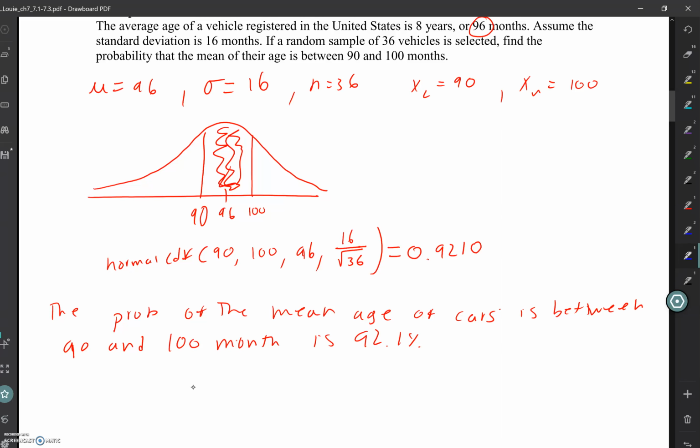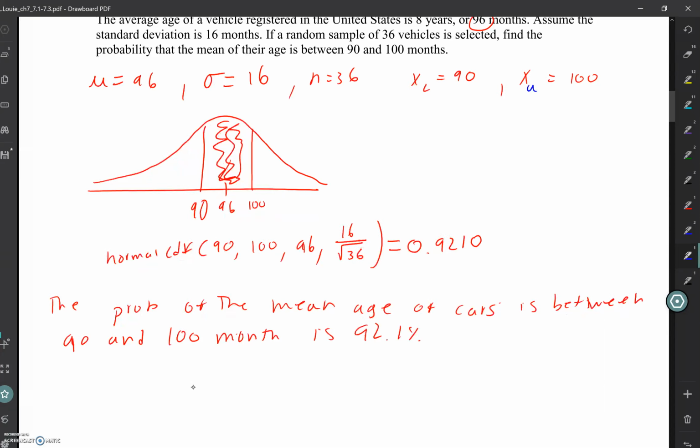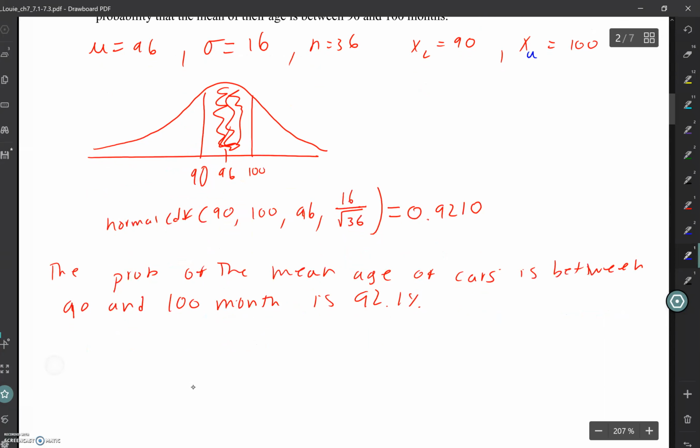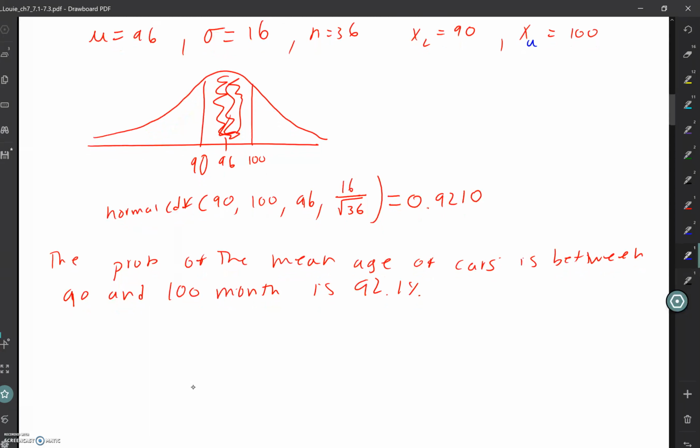Yes, I'm just saying the x sub l for the lower, and then the x sub u for an upper. Other questions?